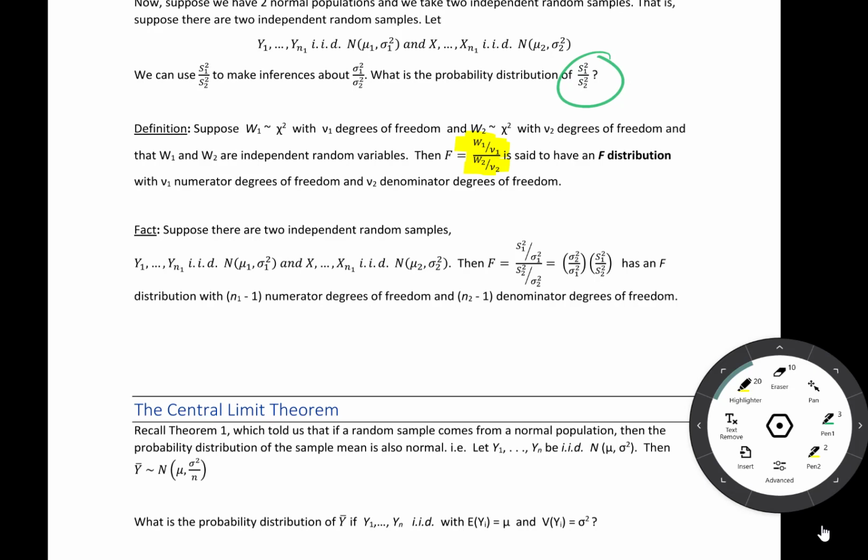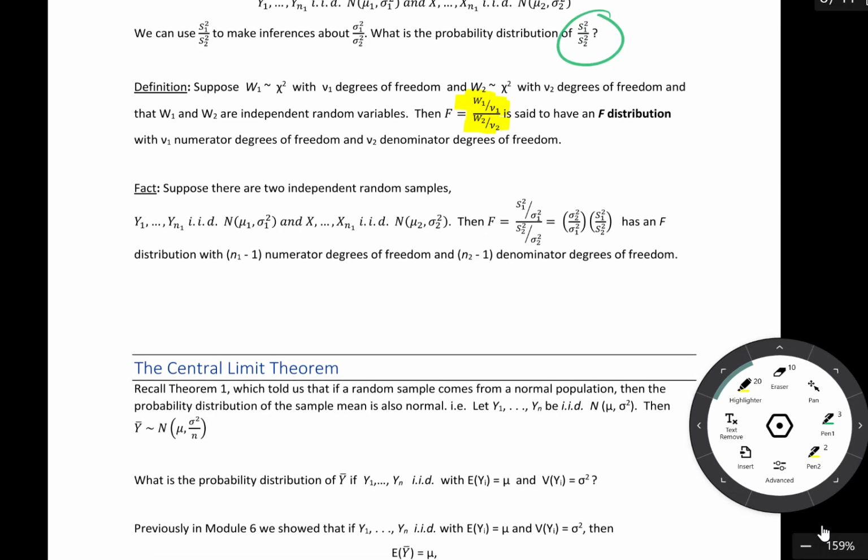So when we really start thinking about sampling distributions, we know when we talk about variability, we're looking at chi-squareds. So if you're looking at the ratio of two types of variability, you're really going to be looking at the ratio of chi-squareds, and that's actually what leads us to an F distribution. So this really gets at the idea of when you perform an ANOVA test, which is looking at the ratios of variability, why that test statistic is an F test statistic and comes from an F distribution.